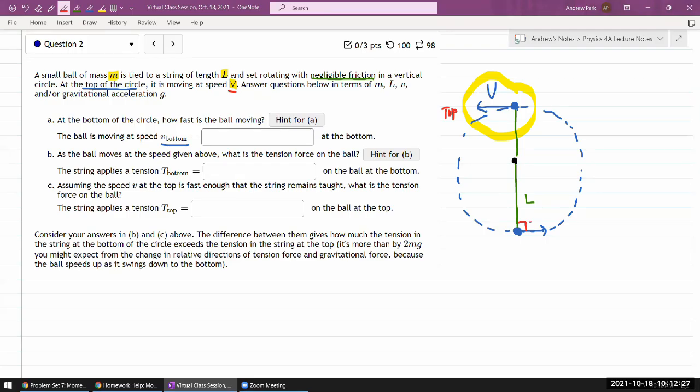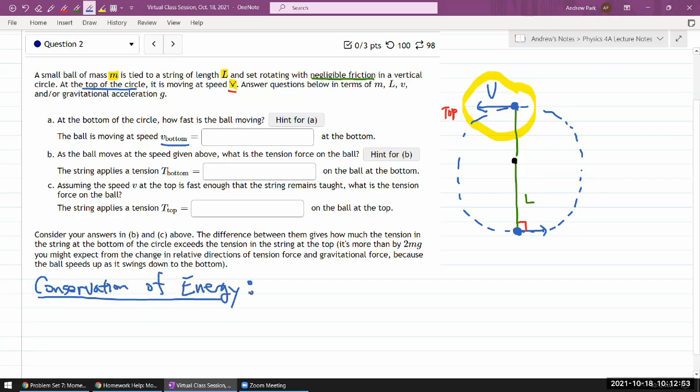So the only force that's doing any work here is gravity, and gravity is a conservative force. So you can use conservation of energy and include the effect of gravity as part of the potential energy. So we are going to use conservation of energy.